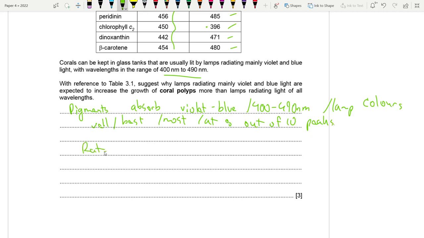So the rate of photosynthesis of algae increases with more light absorbed.